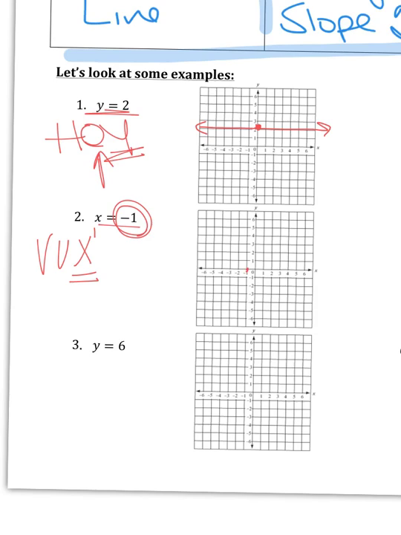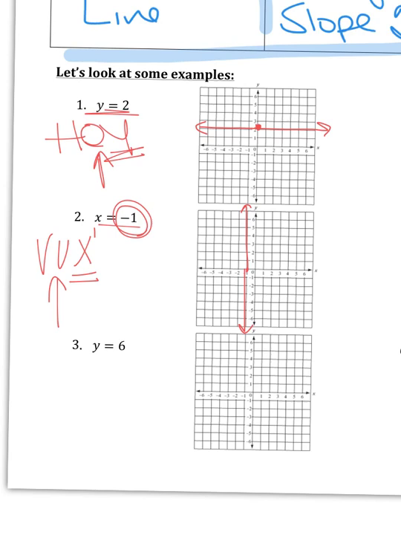So plot a point. Now the U in VUX means it is an undefined slope. An undefined slope goes up and down, so at my point that I plotted, I draw an up and down line. So with HOY and VUX lines, you don't have to worry about graphing 3 points. You need 1 point, and then you need a slope going in the right direction.